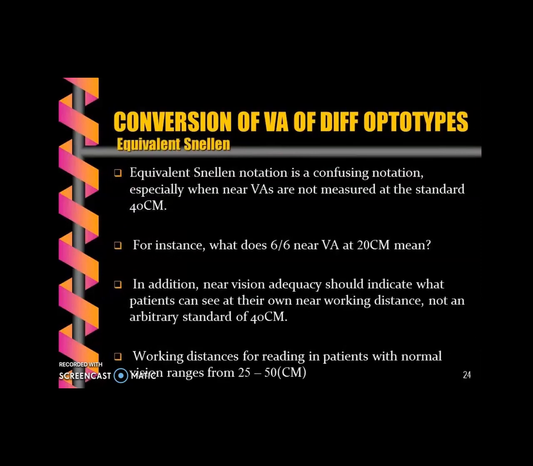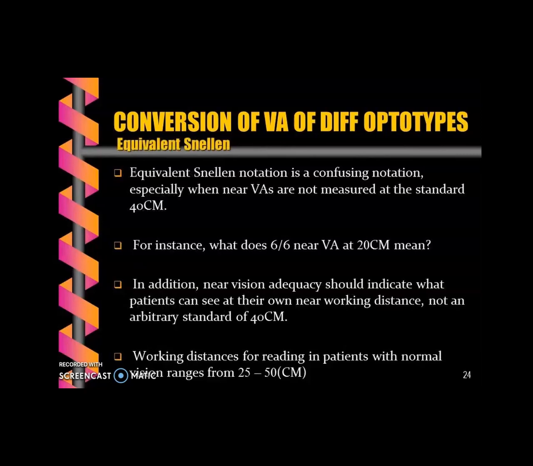The equivalent Snellen notation, on the other hand, is a confusing notation, especially when near VAs are not measured at the standard 40 centimeters. Now, for distance, for instance, what does 6/6 near VA at 20 centimeters mean? In addition, near visual adequacy should indicate what patients can see at their own near working distance, not an arbitrary standard of 40 centimeters.